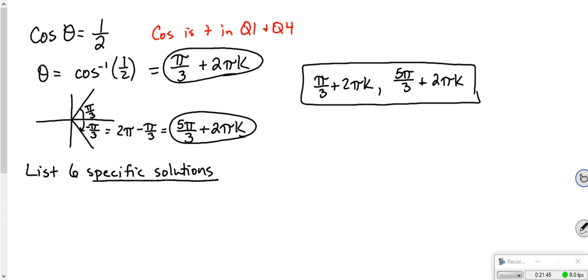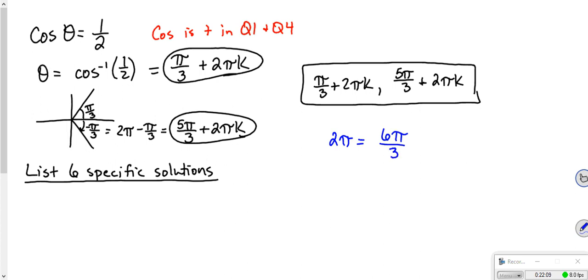So we are literally going to take each one of these, and I don't think they have to be listed in order, but we're going to take each one of these and add a 2 pi to it to keep going. Now, let me do a little aside here. 2 pi is the same thing as 6 pi over 3.